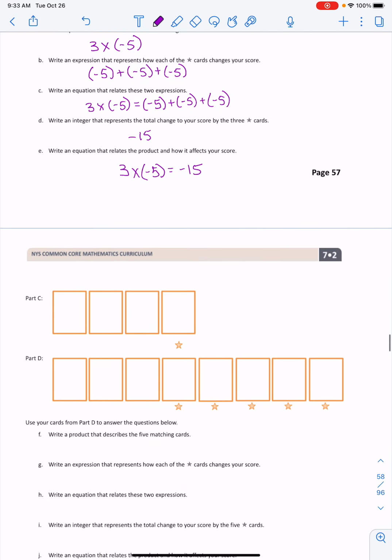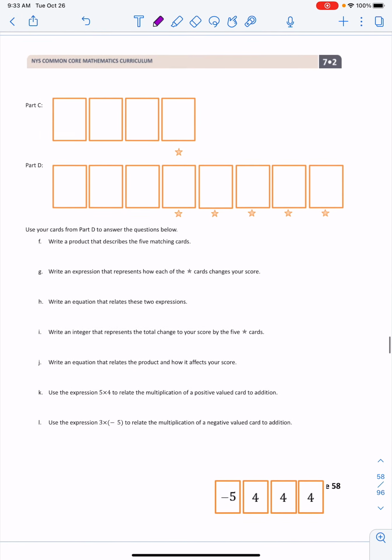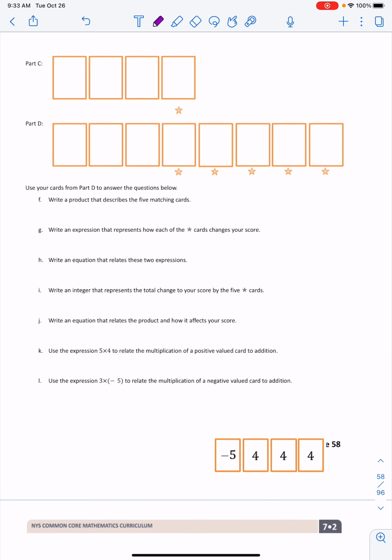So now, the next thing that we're going to look at is, what happens if we have a positive card? So we have -1, 5, 3, and 4.